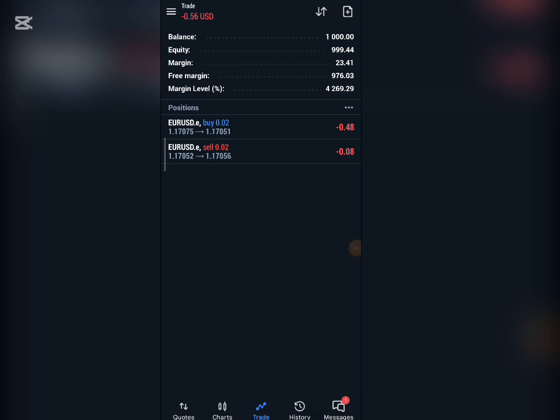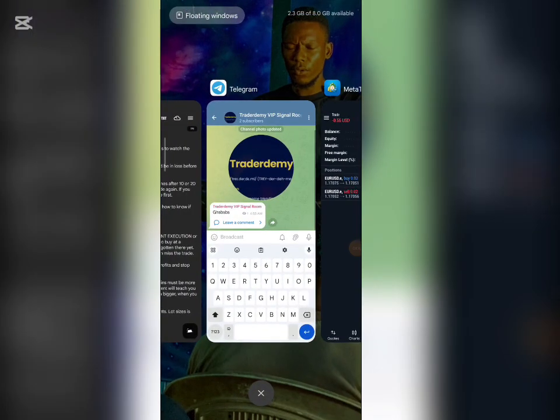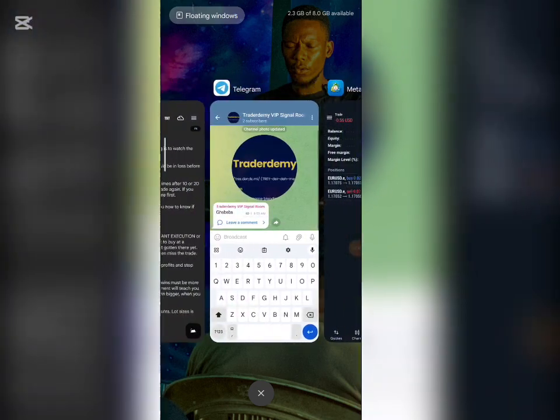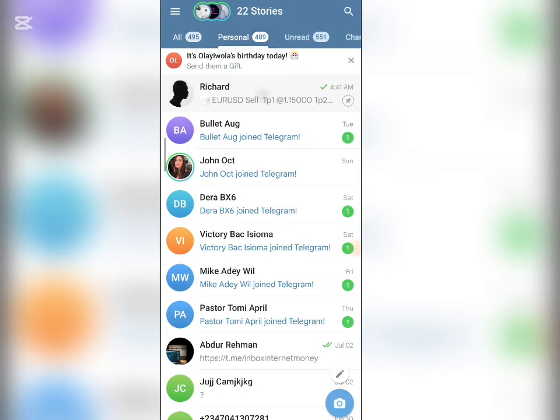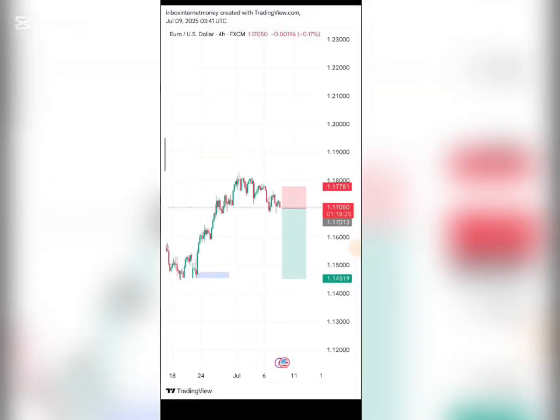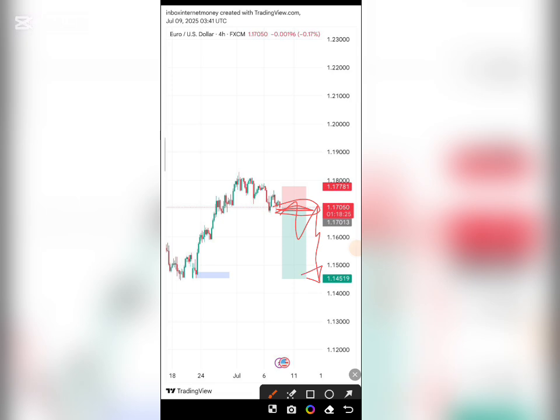Now, moving on. Let me show you how to know if you should enter the trade or not. So now, for example, look at this. We enter the trade right here. This was the moment when we entered the trade. So we're expecting the market to come down like this.